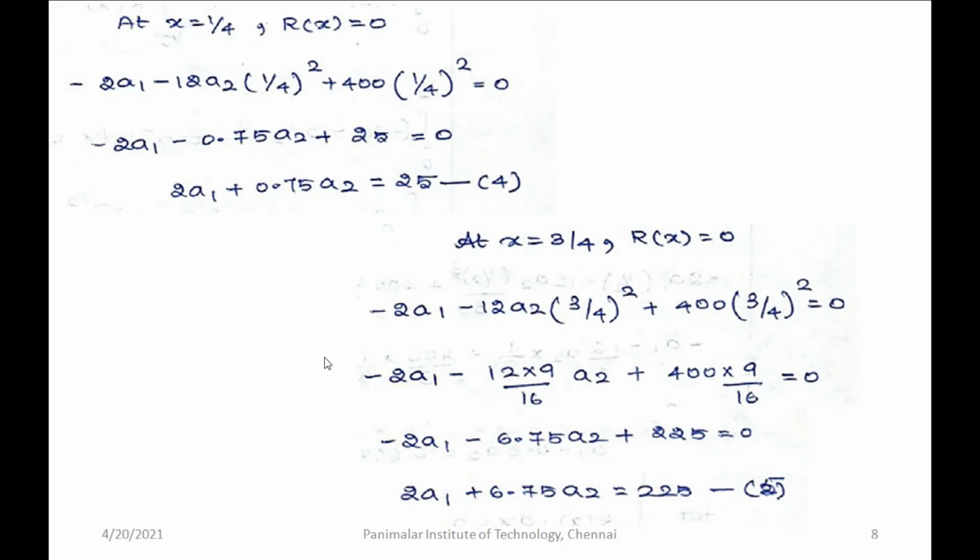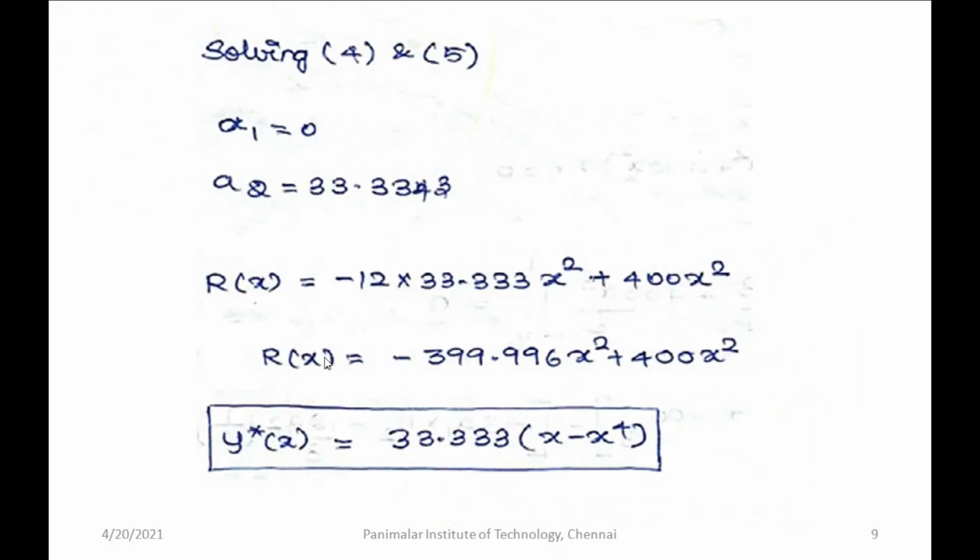The second equation comes like this: 2a1 plus 6.75a2 is equal to 225. Now solving equations 4 and 5, we are able to get the solution for a1 and a2. So a1 is coming approximately 0 and the a2 value is 33.3343, like that. So we can stop at 3 decimal places accuracy.